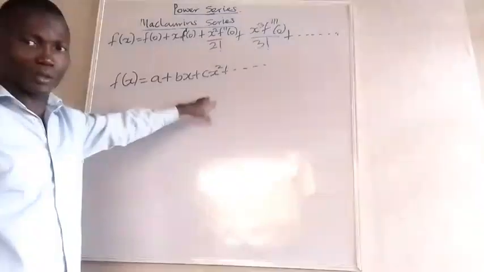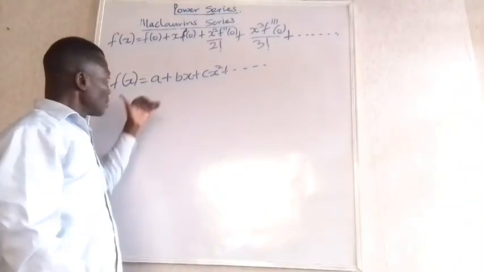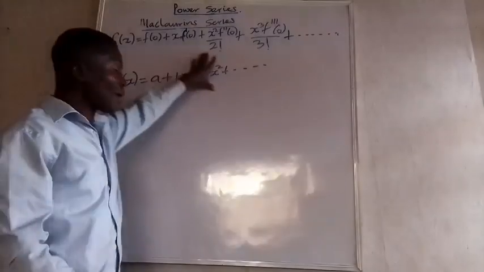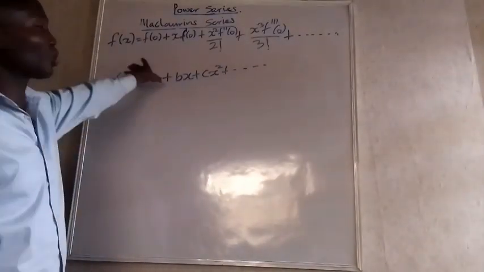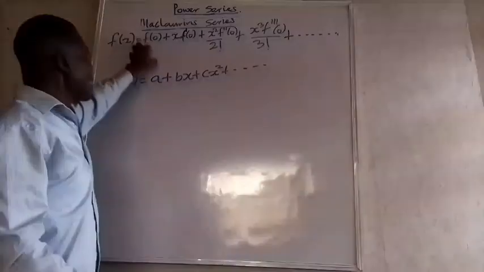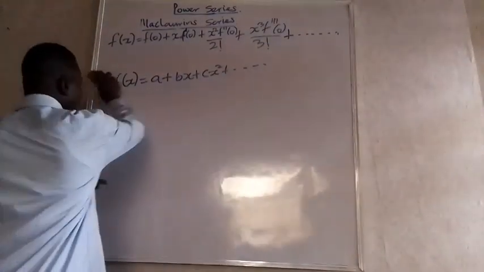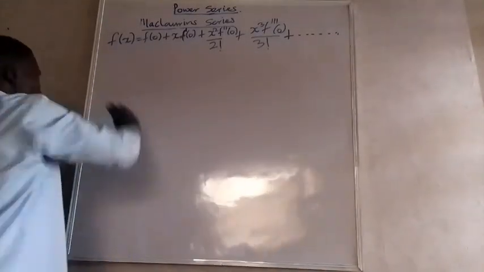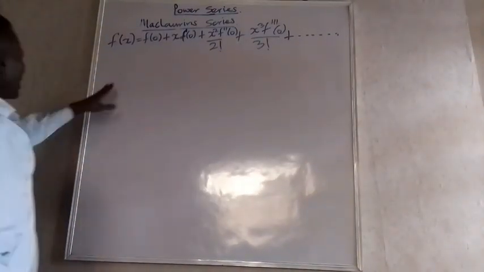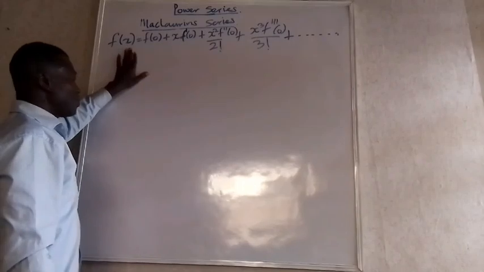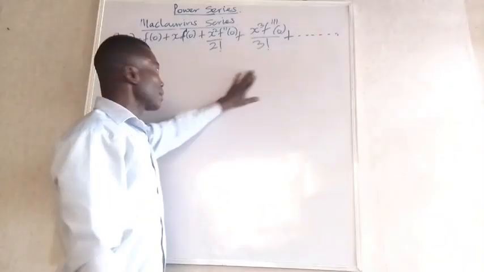That is what we tried to get the first time, when we were working the power series. But now Maclaurin has made it straight for us by writing it out. I will show you how it is derived. Look at this first one. We said f(x) equals a plus bx plus cx squared plus whatever.